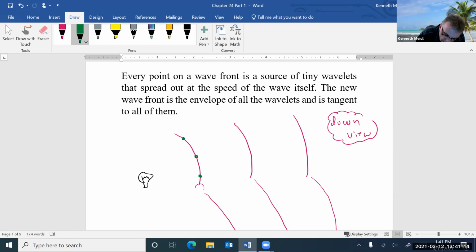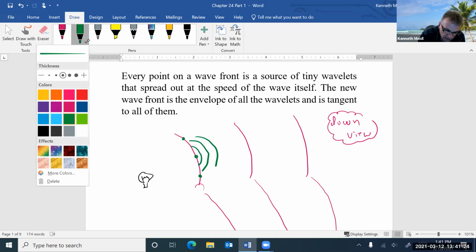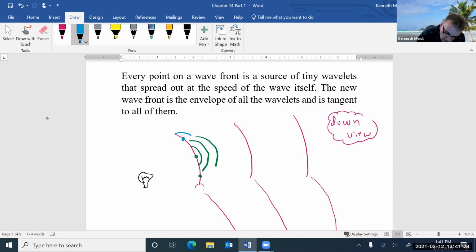So in other words, you can imagine this point right here as being a source of tiny waves, like so. And you can imagine this other point here as a source of tiny waves as well, and so forth.